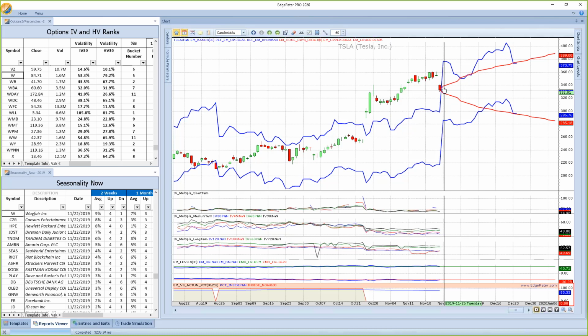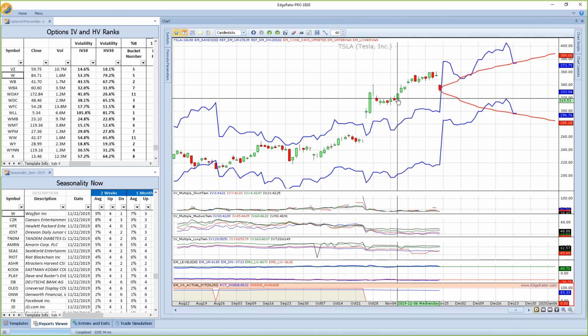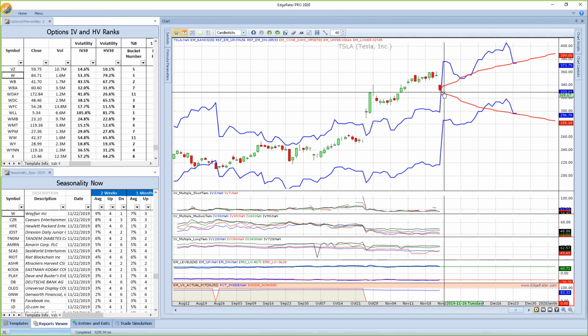If people were trading 30 days ago, this is now where they expected price to be. It's exactly on the expected move line. So that's how you can read this.